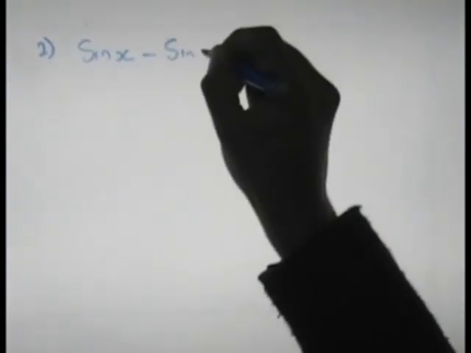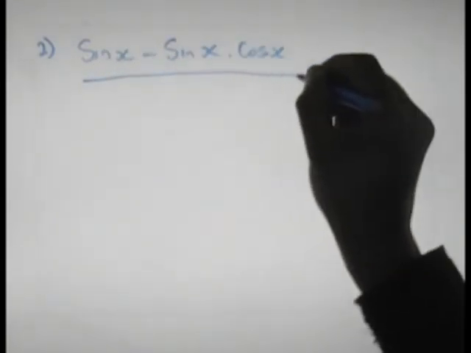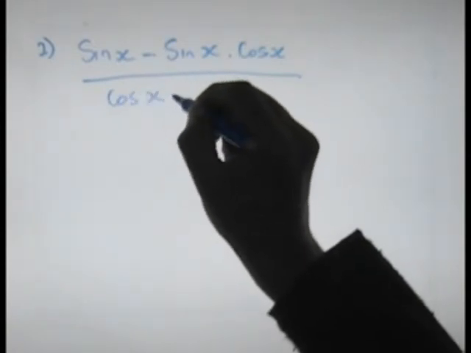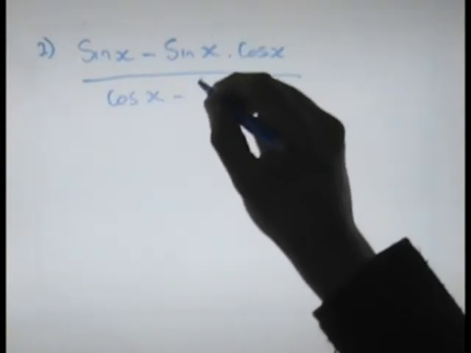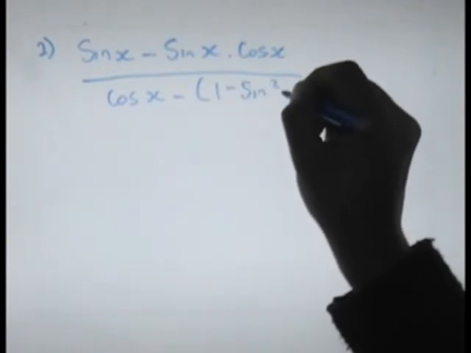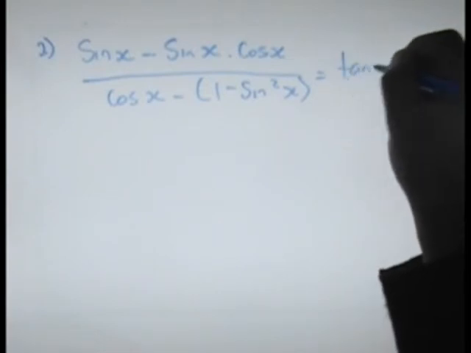The next one we're going to be looking at is sine x minus sine x times cos x, divided by cos x minus, open bracket, 1 minus sine squared x, is equal to tan of x.